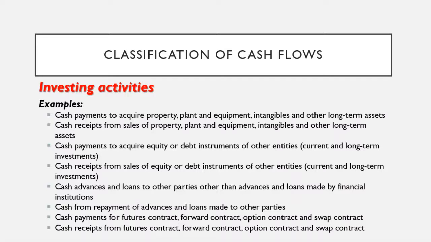Or if it can be found in the income statement, except for the non-cash items and the gain and loss from the sale of investing items, that falls under operating activities.